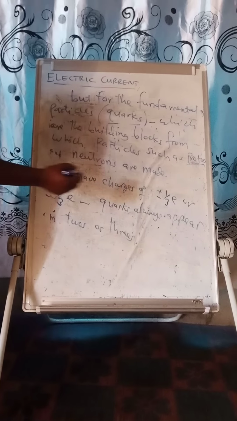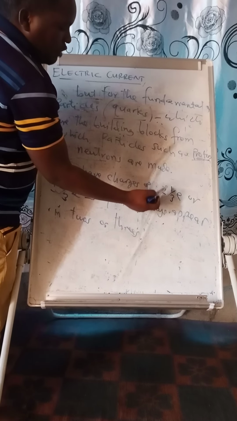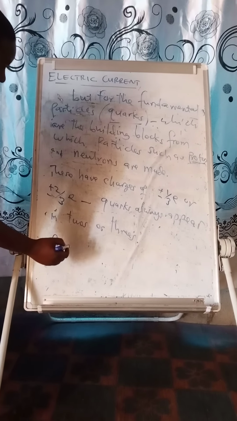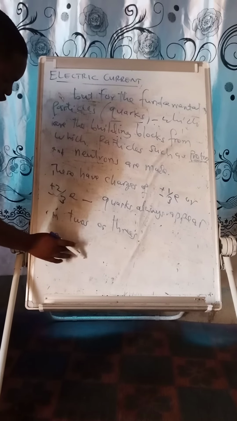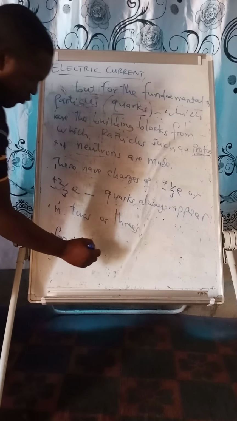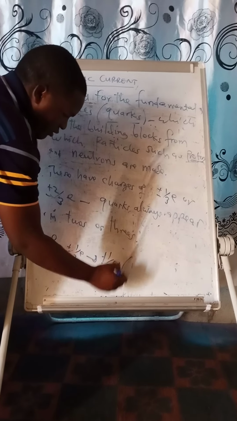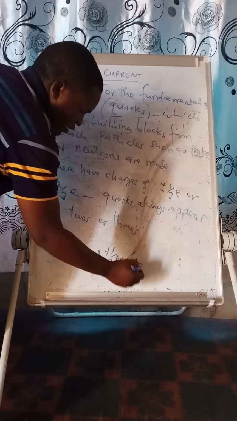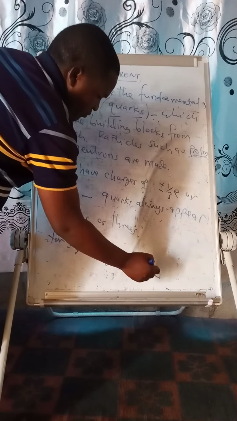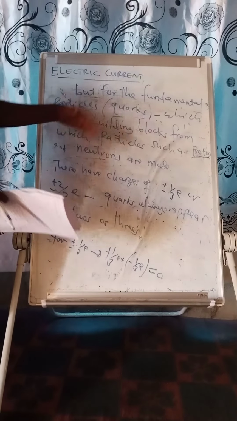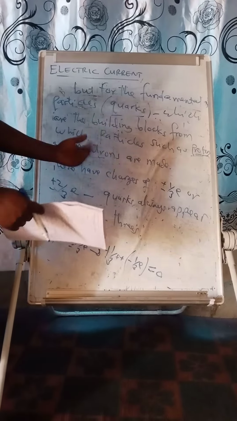If we combine, for example, positive 1 over 3e plus minus 1 over 3 elementary charge, the result is 0. So these are the quarks. They always appear in 2s or 3s, and the total for the combination must be 0, providing 0 charge.